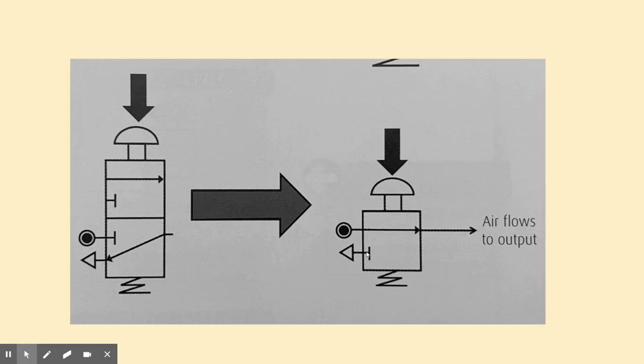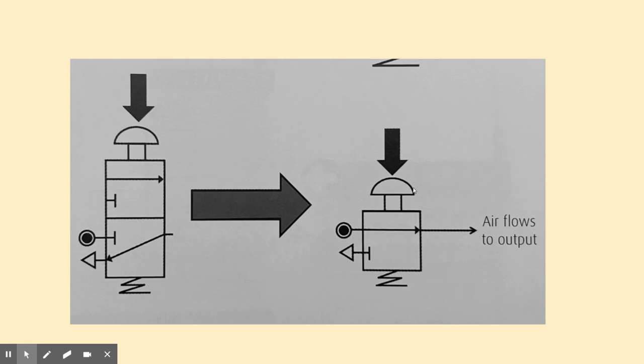So nothing can come in the exhaust, nothing's going out the exhaust except the air is now able to flow through, and air flows to the output, whether that is one of the single acting or double acting cylinders, okay? That could be the output, it could be whatever.